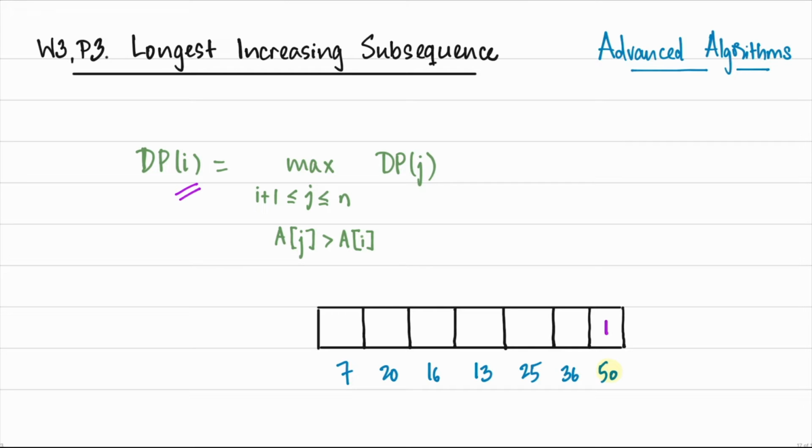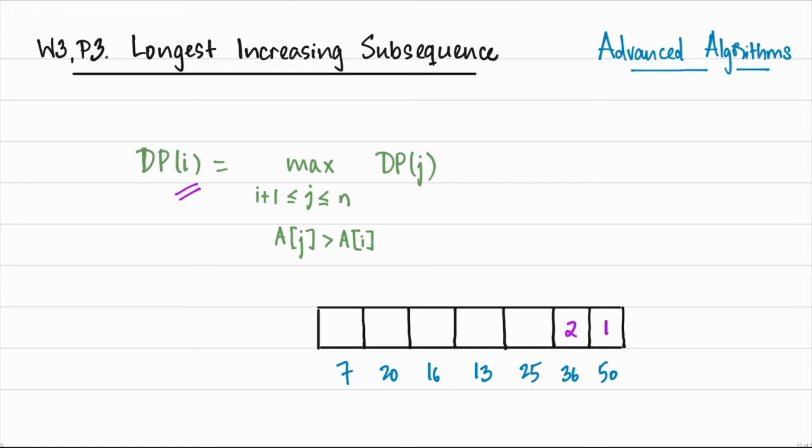So the moment I go from 36 to 50, what I'm trying to capture is the idea that yes, 50 can be legitimately added to 36, right? And therefore, the combined sequence is 36 followed by 50. So I should really be upping this number to 2, right?